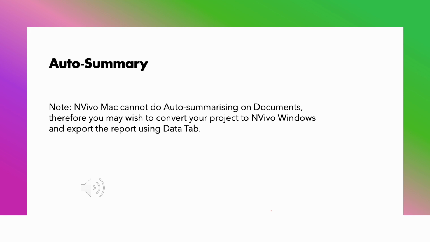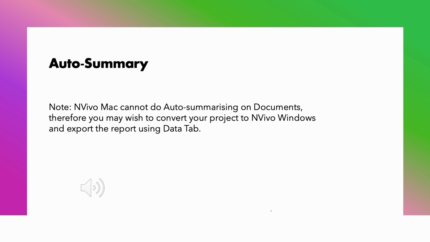Like auto coding, NVivo Mac cannot do auto summarizing on documents. Therefore, we recommend that you look at the NVivo Windows Literature Review video, because it will demonstrate how to first auto code your literature and then use framework matrices to create an auto summary.